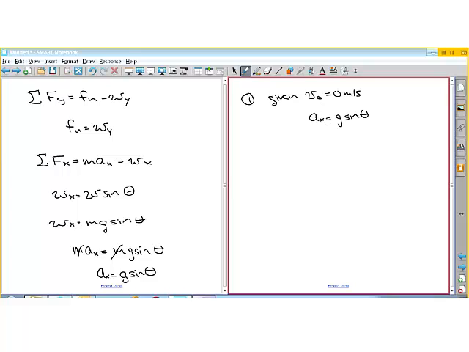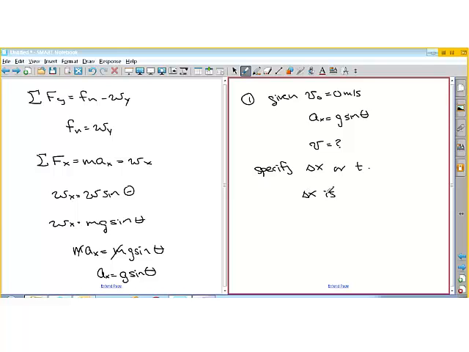So we have the acceleration, and we would figure out the velocity at some other time or distance. So you could specify either delta x or t. Most of the time you'd expect to specify t.